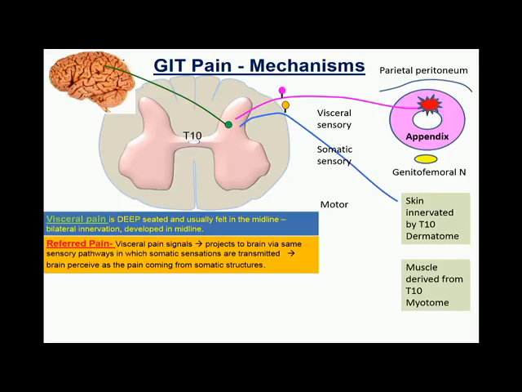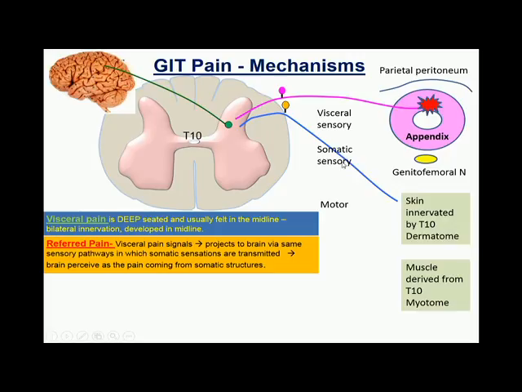But there are other referred pains like viscerovisceral, for example pathology in the rectum causing pain in the uterus. And there are somatovisceral and somatosomatic. Be aware of that.